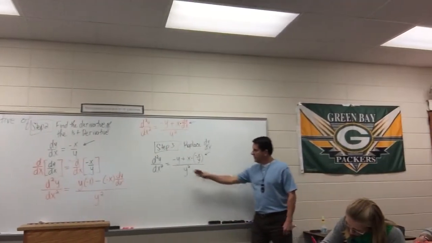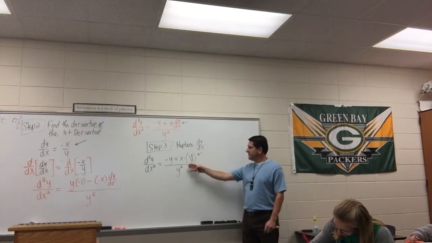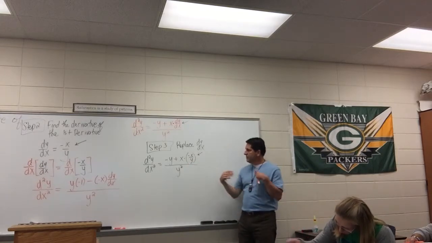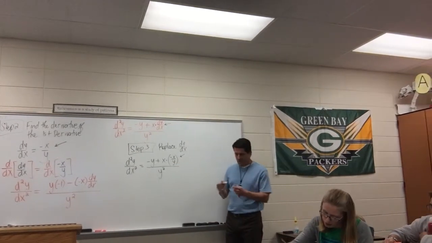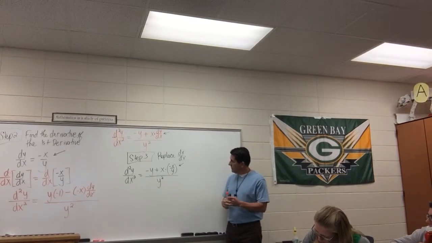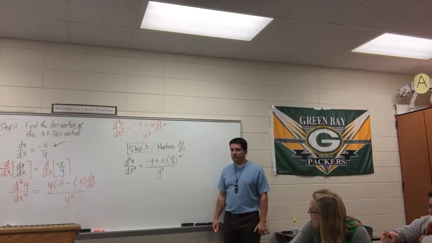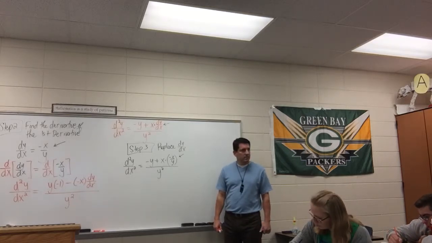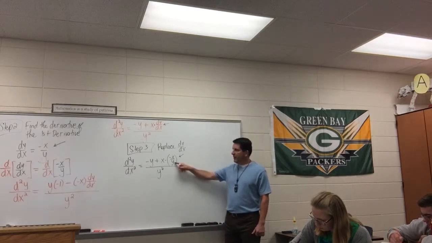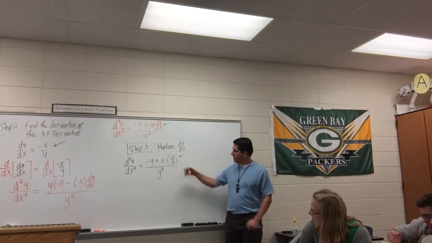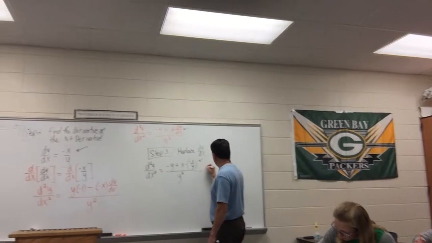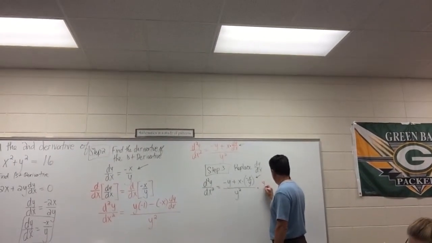Now the second derivative only contains x's and y's, and we should probably clean this up. What should we do to clean it up? Any suggestions? I'd multiply by y, because that's the one that's on the fraction here. So multiply the numerator and denominator by y.